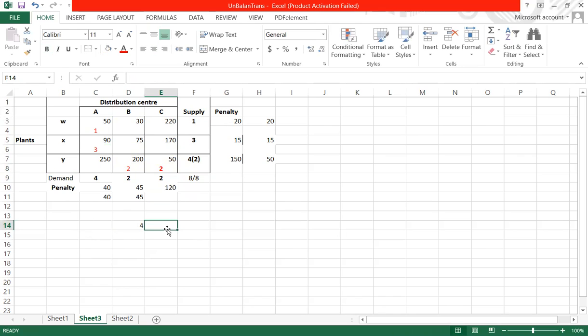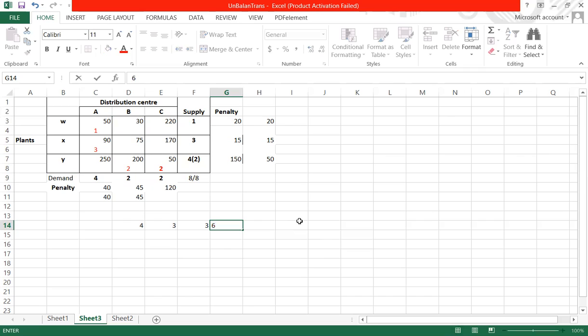And number of columns is equal to 3. Number of rows is equal to 3. So what is the total of number of rows and number of columns? It is 6.